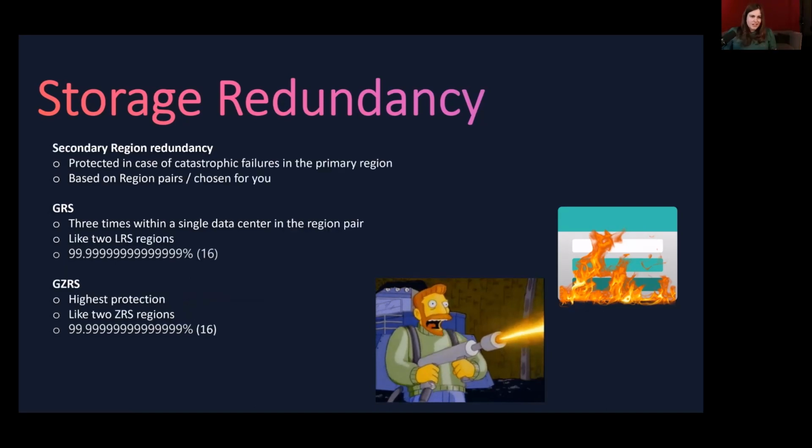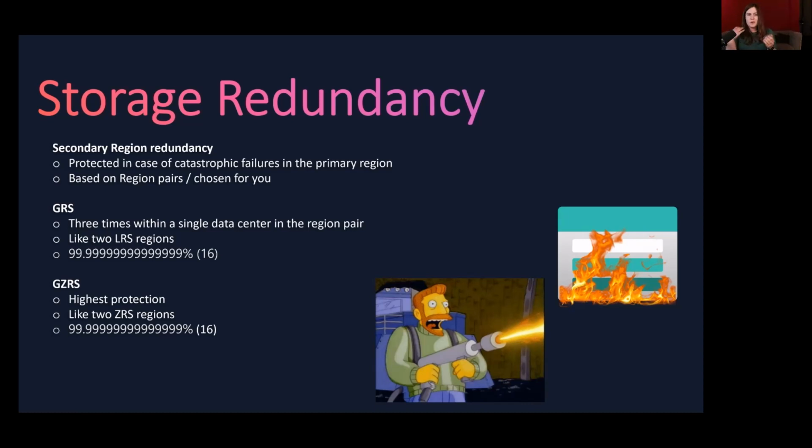That is where that secondary region redundancy comes in. So they thought, okay, we have that locally redundant storage and that zone redundant storage, but we want to go one step further. We want to go outside of our region. So with that, we get the geo-redundant storage and the geo-zone redundant storage.